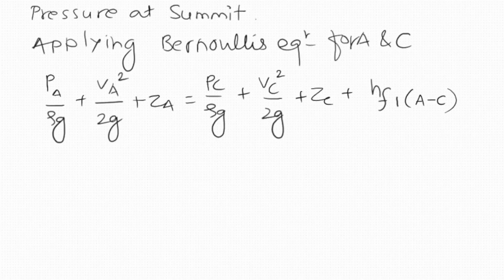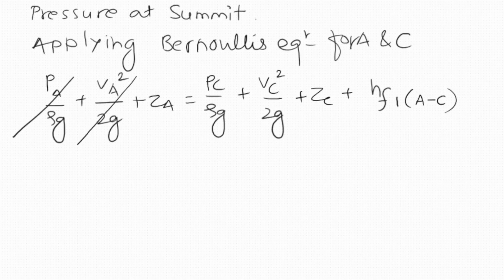Now friends, the atmospheric pressure can be written as 0. So this will be 0. The velocity in the tank A is 0, right?